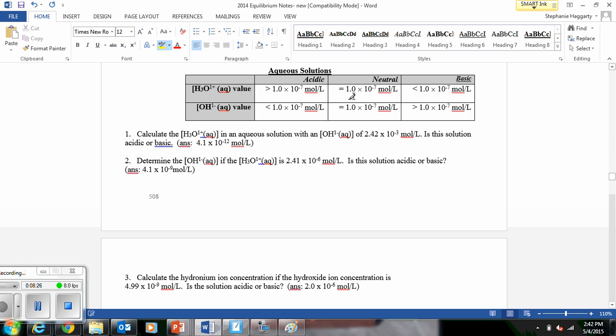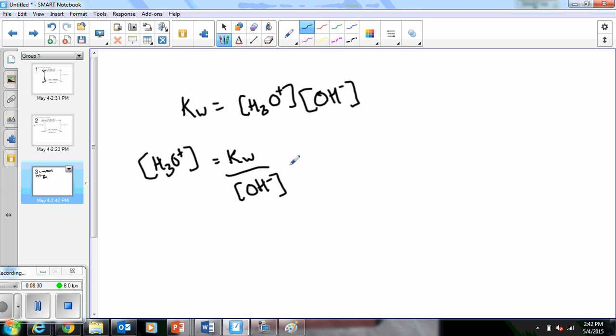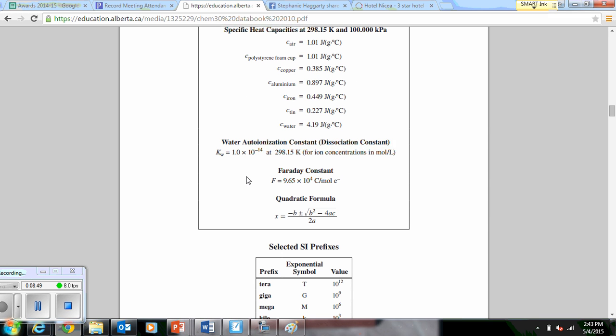So my hydroxide concentration is 2.42 times 10 to the minus 3 moles per liter. And, oops, other way around, sorry. Put that on the bottom. I put my Kw value, sorry about that, on the top. So remember, that's in your data book. You don't have to memorize it. It's on page 3.